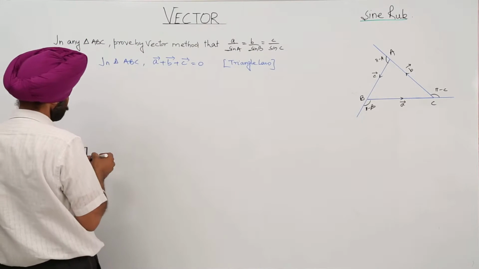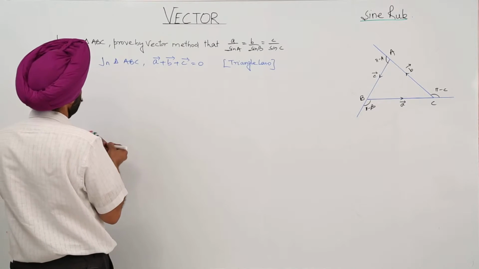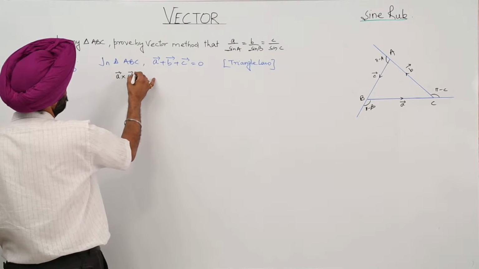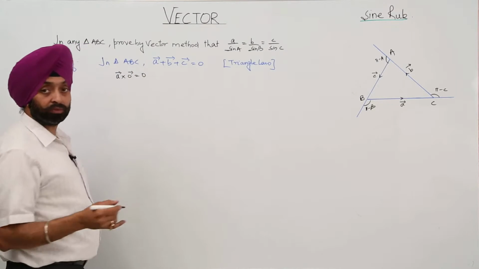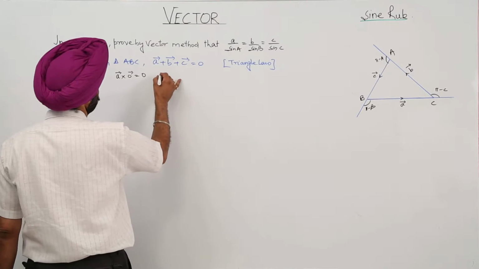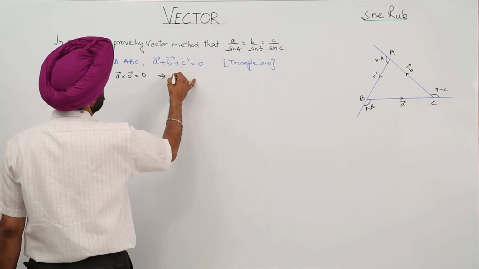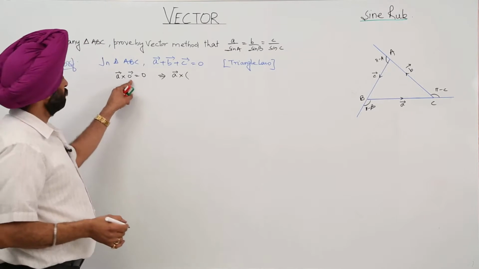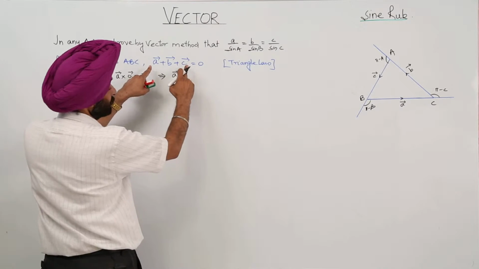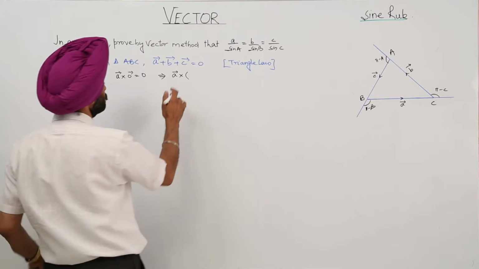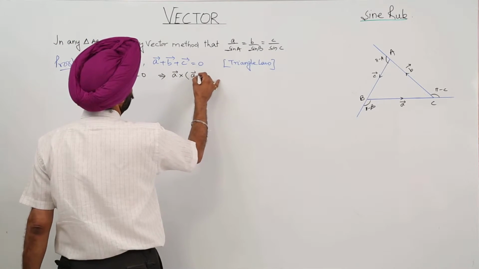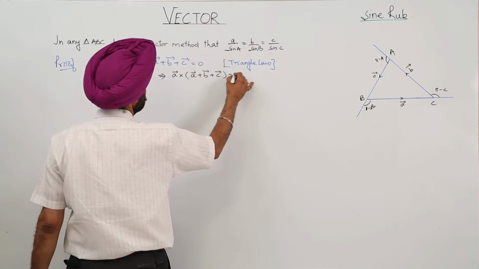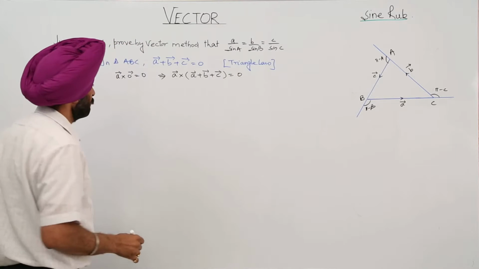So now vector a cross vector 0 is equal to 0. This is the thing which all of us know. This implies vector a cross, and in place of this 0 we are going to take vector a plus vector b plus vector c. So it is vector a cross (vector a plus vector b plus vector c) is equal to 0.